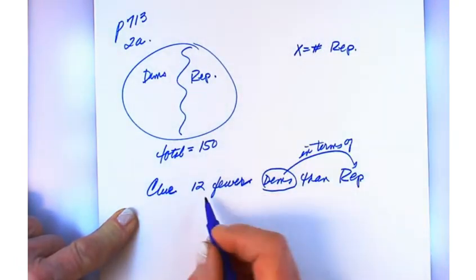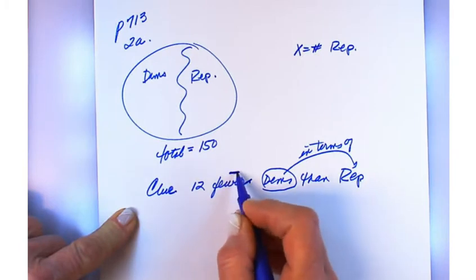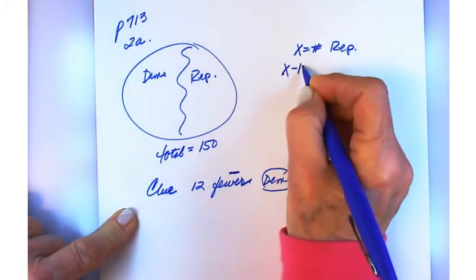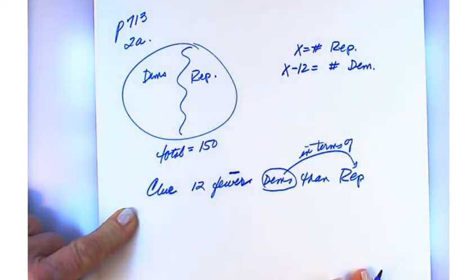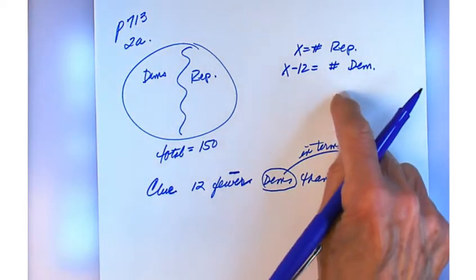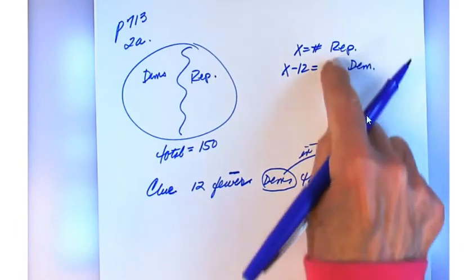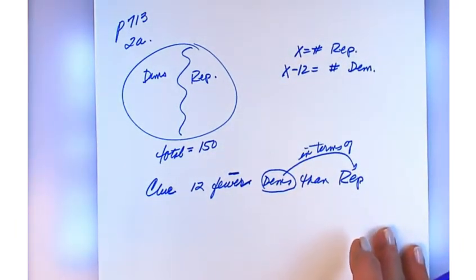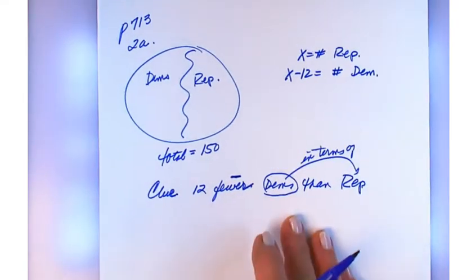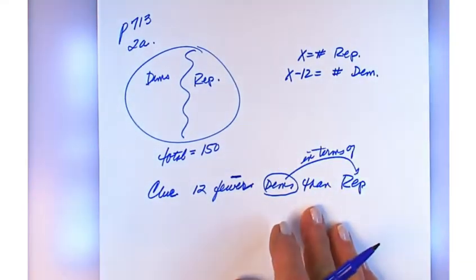And then it says fewer. Fewer tells me to subtract. X minus 12 is the number of Democrats. So what we did was we determined what the variable was, and we assigned the variables to what we're looking for.